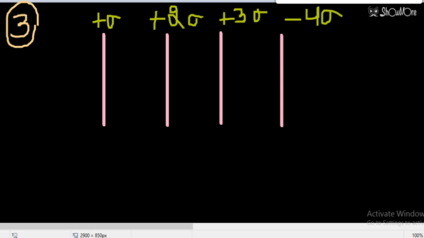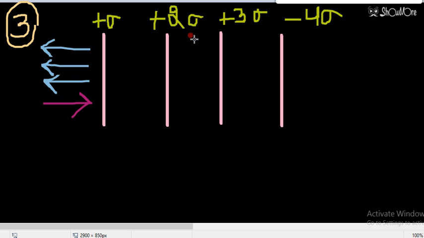For the first reason, the direction of electric field due to first sheet will be this one, second sheet this one, third sheet this one. Due to positive sheet, the direction of electric field will be in this direction. Due to negative sheet, the direction will be in this one.